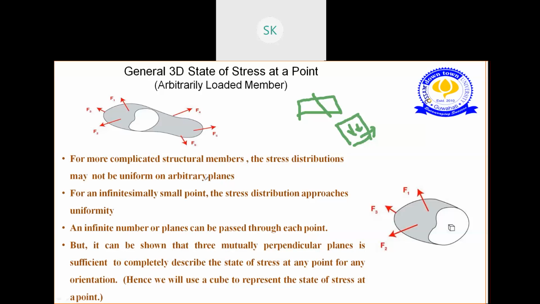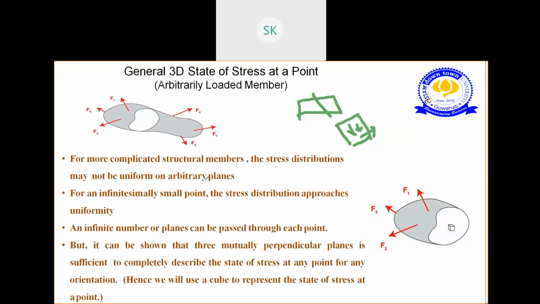Suppose there is a long steel bar and you are hitting at one point. The stress at that point may be 100 MPa, but the stress at the front end and the last end may not be 100 MPa. Are you getting my point?